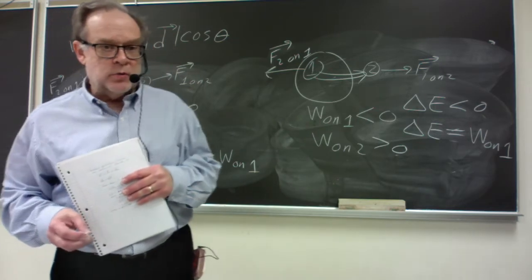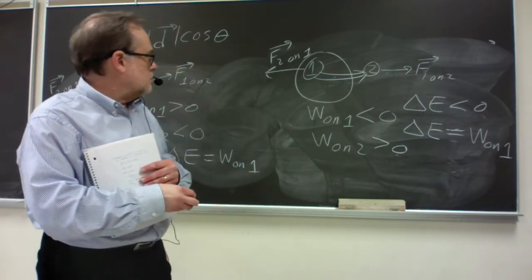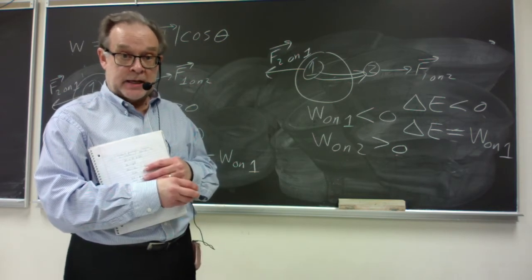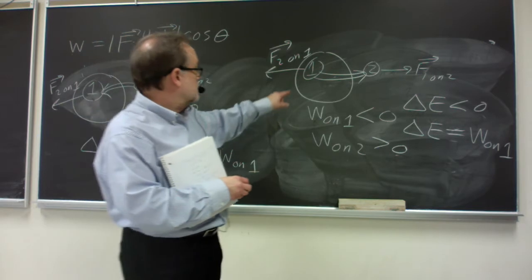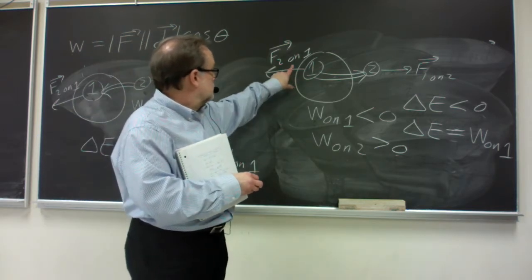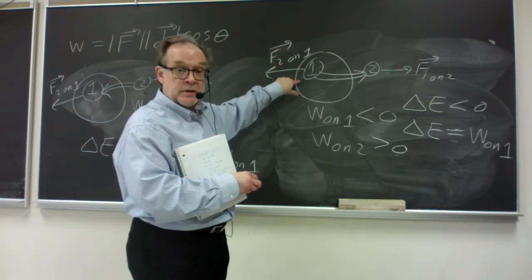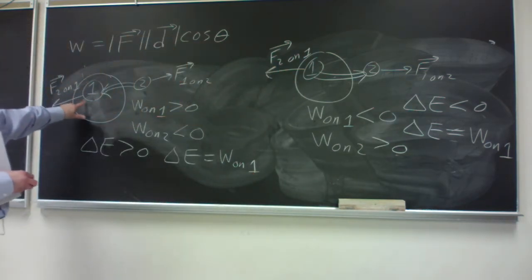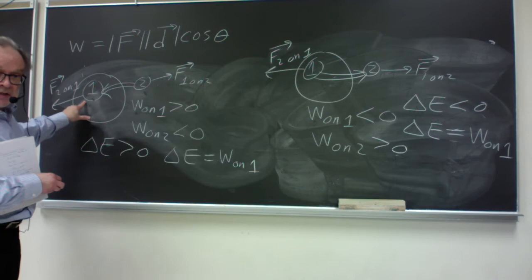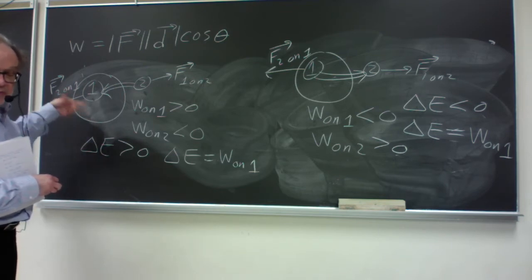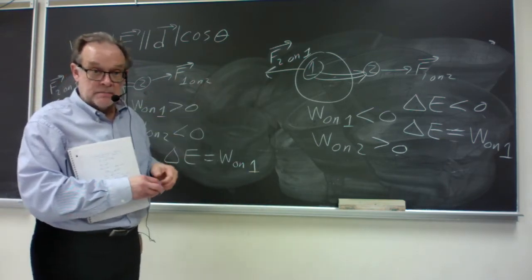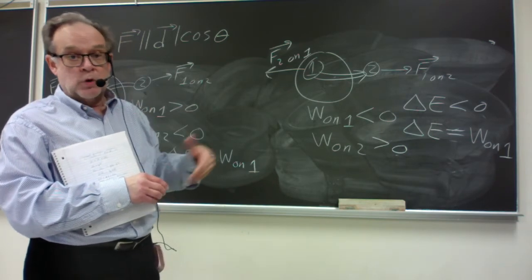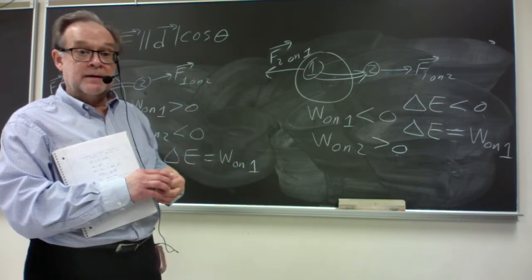So one thing we see here, whenever there are forces that come from outside the system, right, this force on something inside the system comes from thing 2, which is not part of the system. Whenever there's a force that comes from outside the system, we call that an external force.